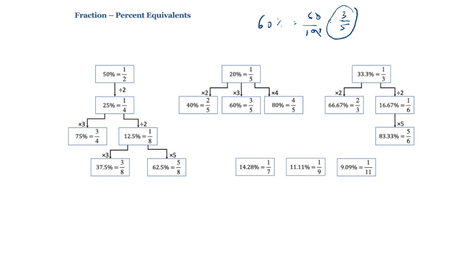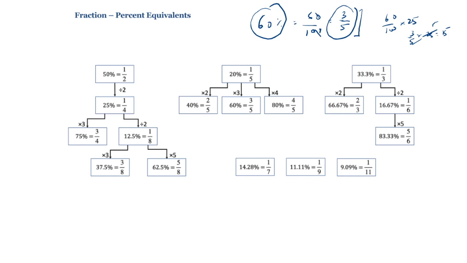Let's say I have to find 60% of 25, for example. So 60% of 25, I can write this as 3 by 5 of 25 and then I directly get my answer as 15. So percentages are simplified into their lowest forms and we get the fraction equivalent. So 60% is equal to 3 by 5.